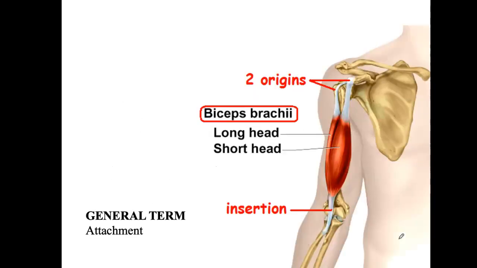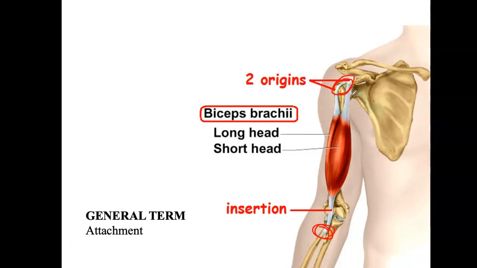So let's look at this here in a diagram. So here you have your biceps brachii, and look where it's inserting. It's inserting on the humerus and also on the scapula. Okay, and then it's crossing this joint, and then it's crossing a second joint. So it's inserting here, and it's originating up in the shoulder.